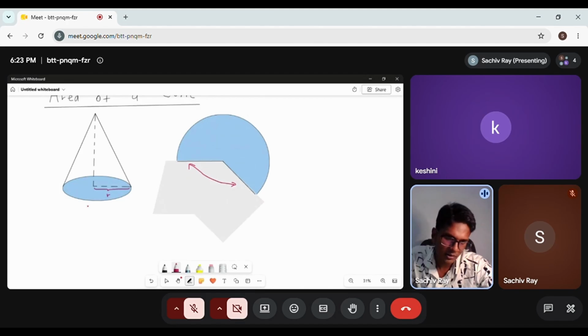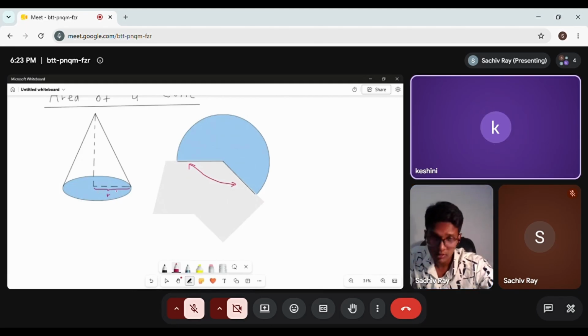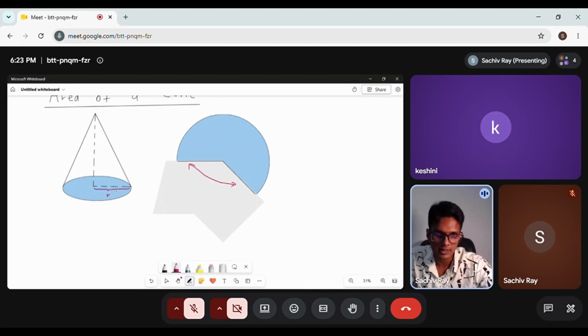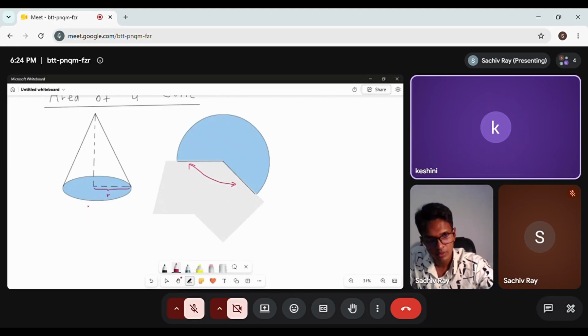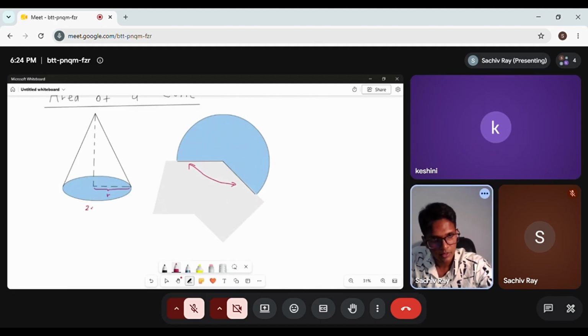No. We are still in the base, we haven't gone to the other part yet. What's the radius? r. Pi is a constant, so pi doesn't change. How do you find the perimeter of a circle? 2 pi r. That's it.